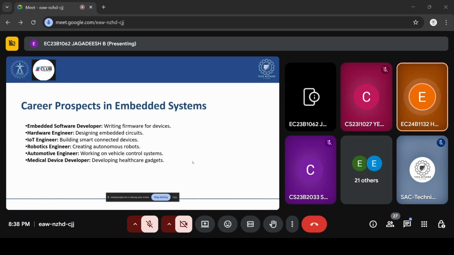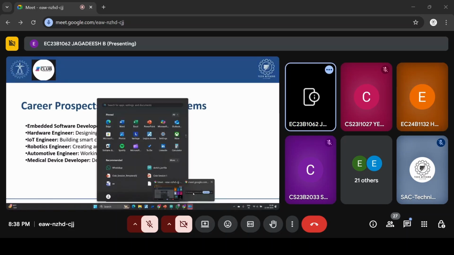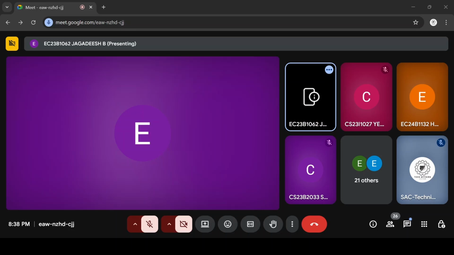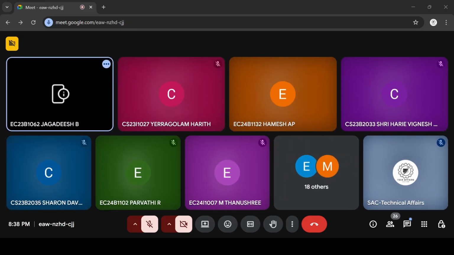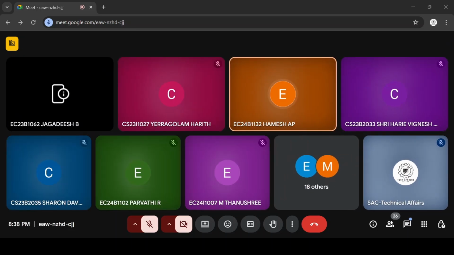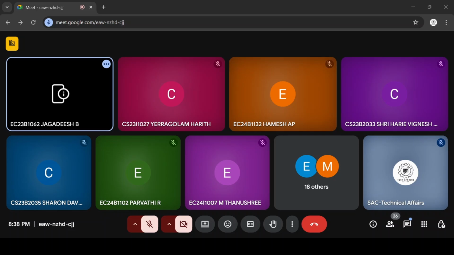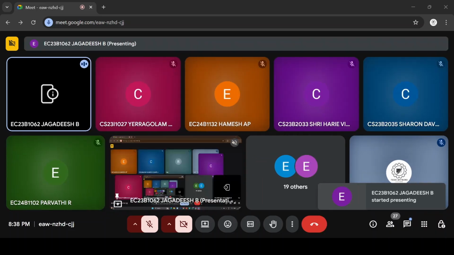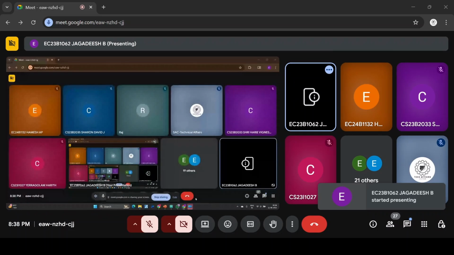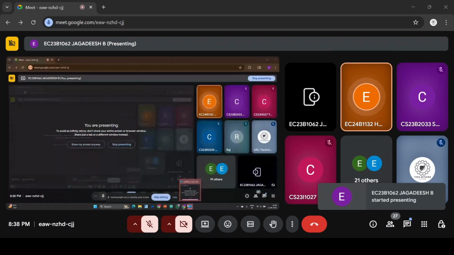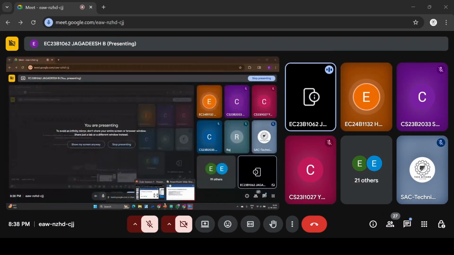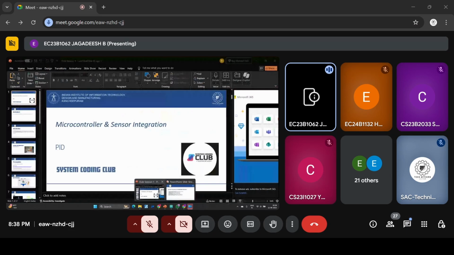The slides are not visible. Hello, I think the slides are not visible. Are you presenting the slide right now? Just a second. Yeah, the slides are not visible actually. Now it is visible, right?